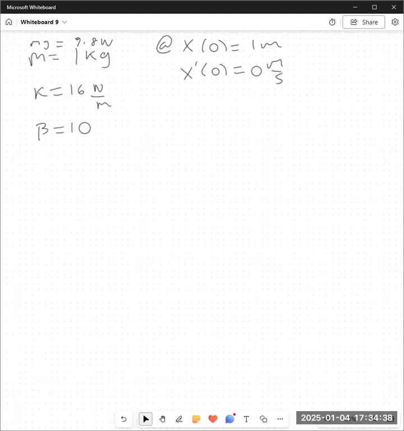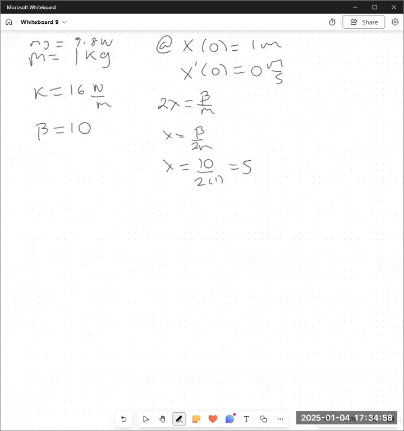Let's find the equation based off of that. So 2 lambda is equal to beta over m. So lambda is equal to beta over 2m. Lambda is equal to 10 over 2 times 1 is equal to 5. So lambda squared is 25.